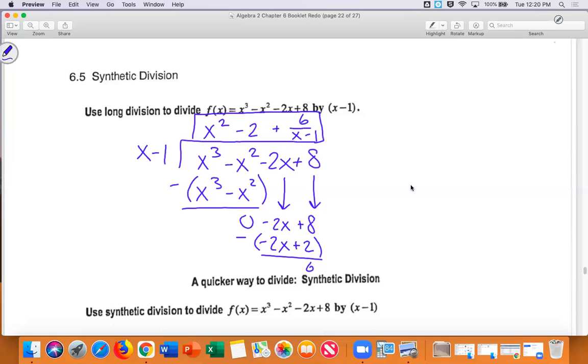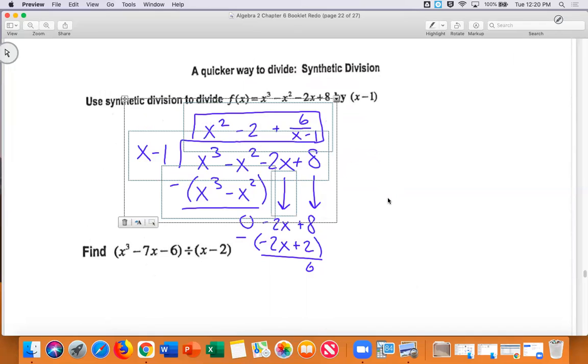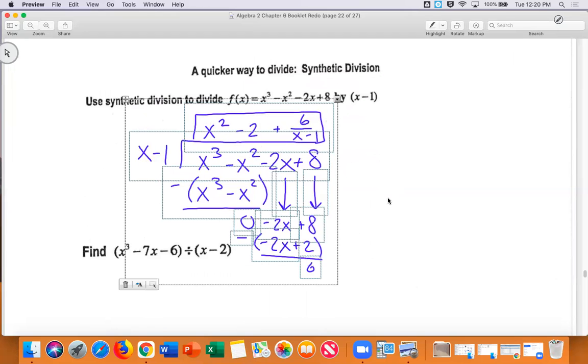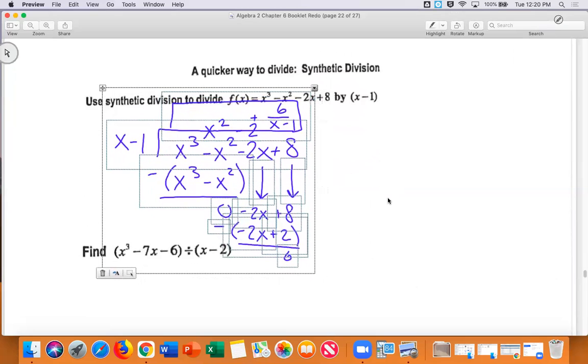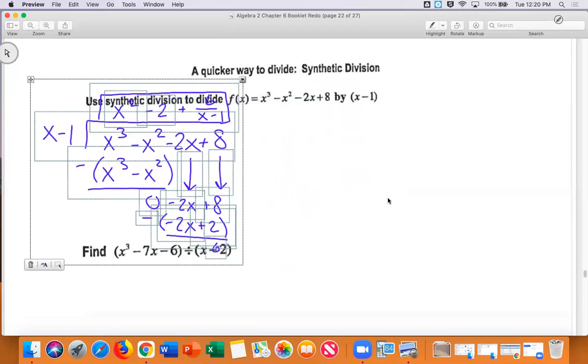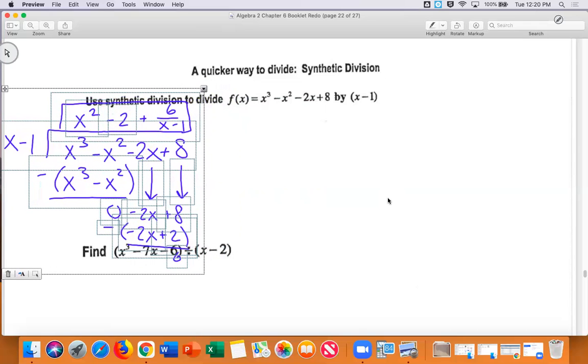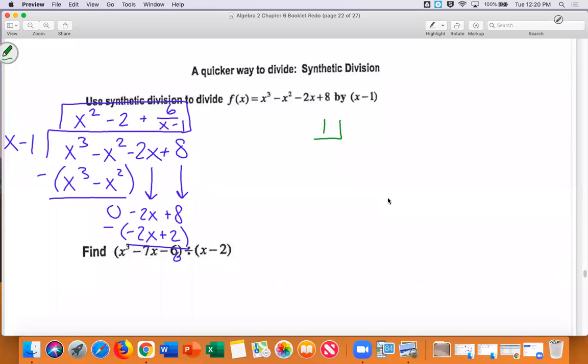So let's use synthetic division. All right. So that's my answer. Let me see if I can move this to the side. All right, for the synthetic division, we're going to put a 1 in the box.